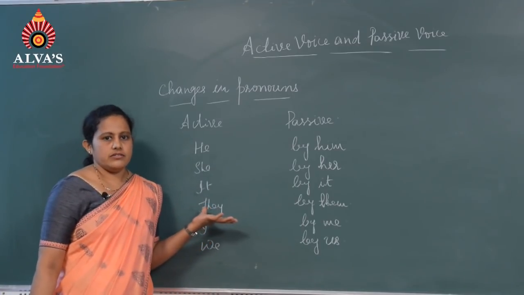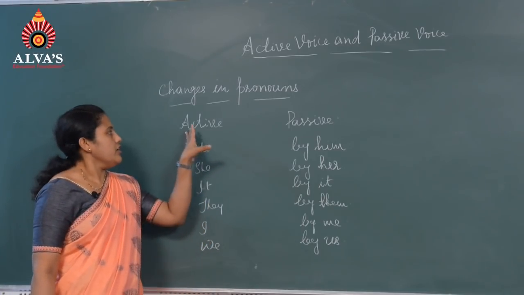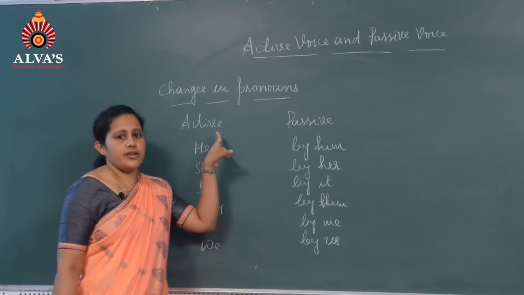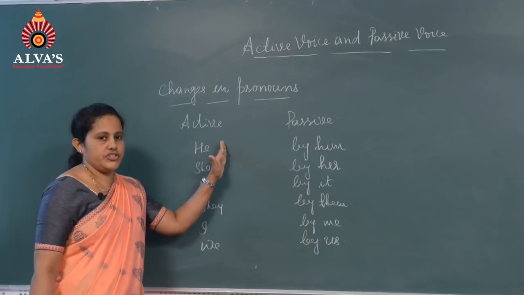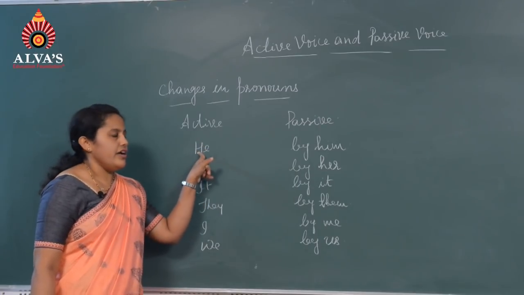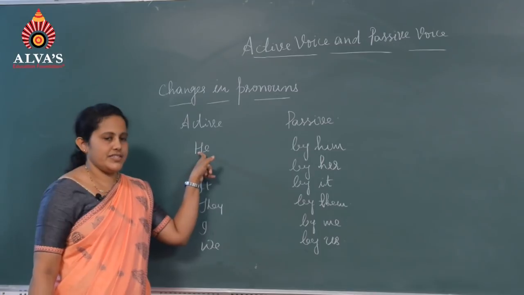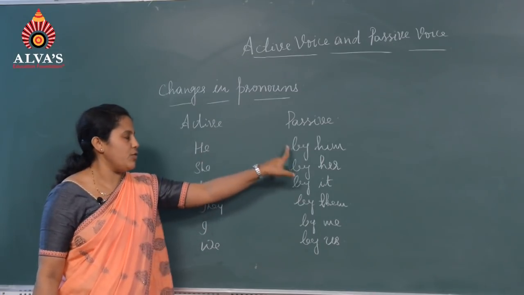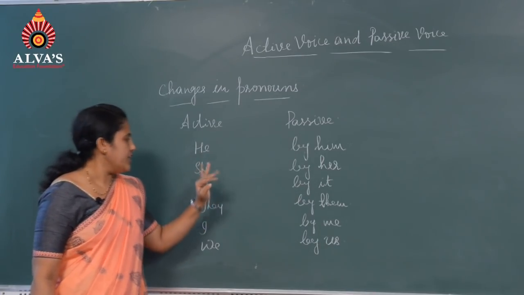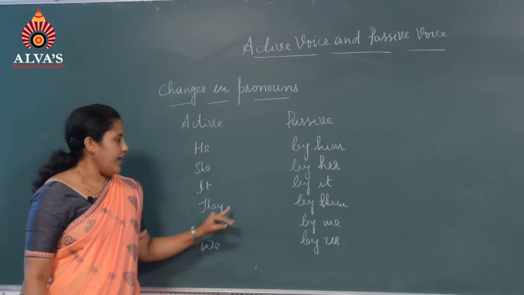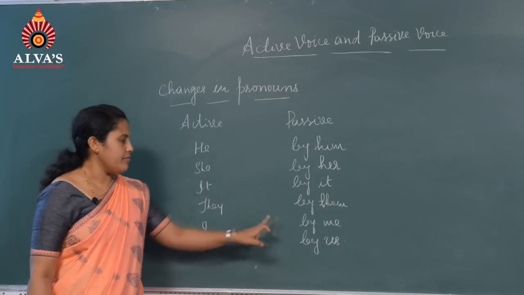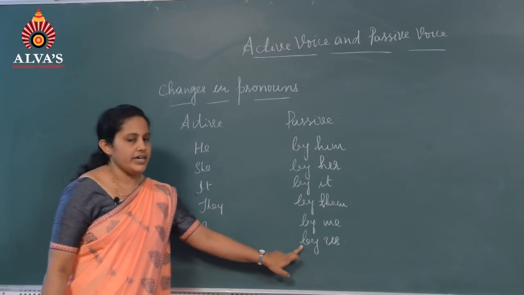So, once again I will repeat: if there are pronouns in the subject in active voice, when we change from active to passive voice, he becomes by him, she becomes by her, it becomes by it, they by them, I by me, we by us.